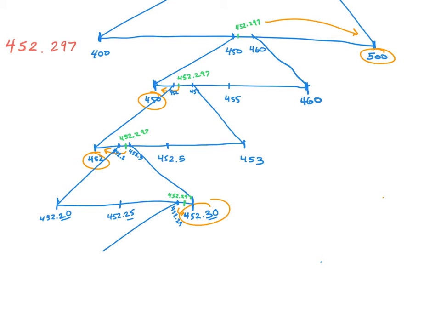Let's zoom in and make us a new number line. And label the endpoints 452 and 29 hundredths, 452 and 30 hundredths. Halfway on this number line is going to be 452 and 295 thousandths. Again, if you can't see that, you can always put a 0 in the thousandths place.